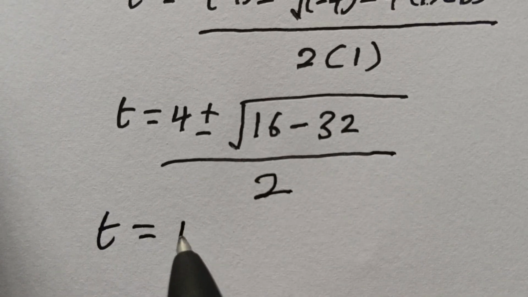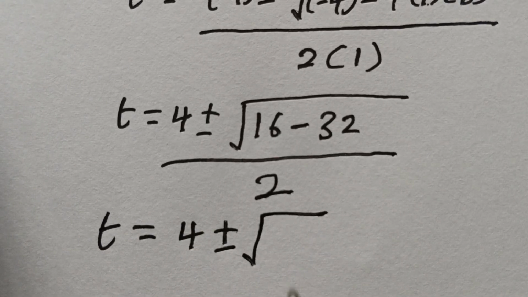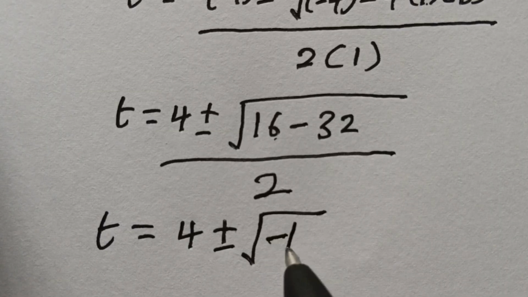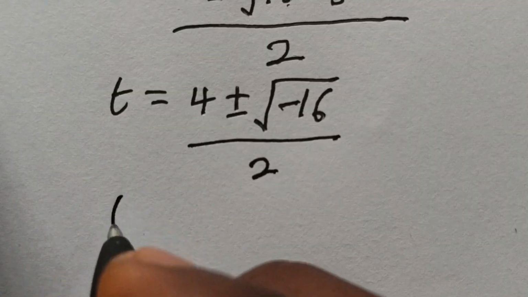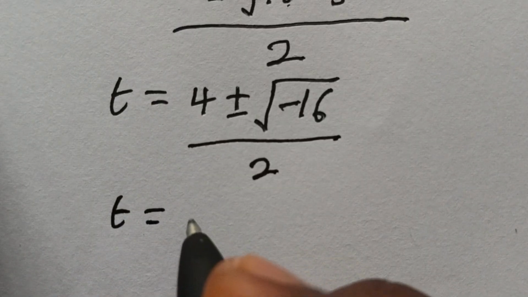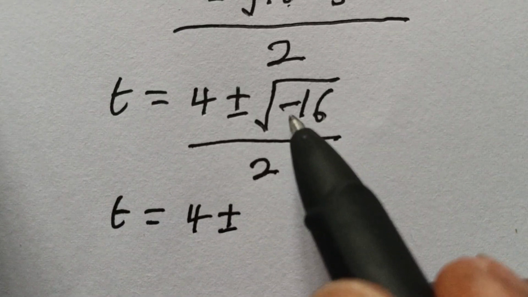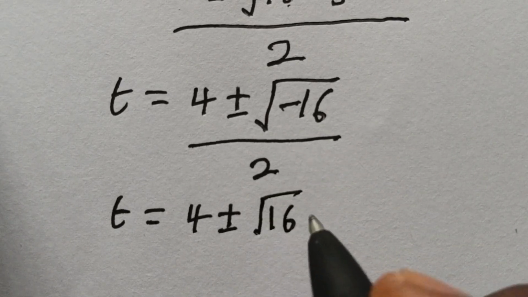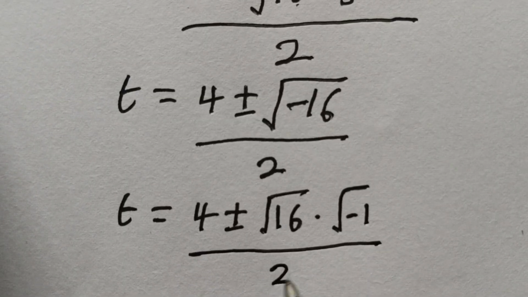T equal to 4 plus or minus square root of 16 minus 32, that is negative 16, divided by 2. T equal to 4 plus or minus square root of minus 16, which could be written as square root of 16 times square root of negative 1, divided by 2.